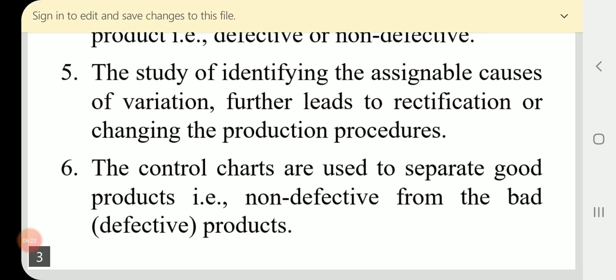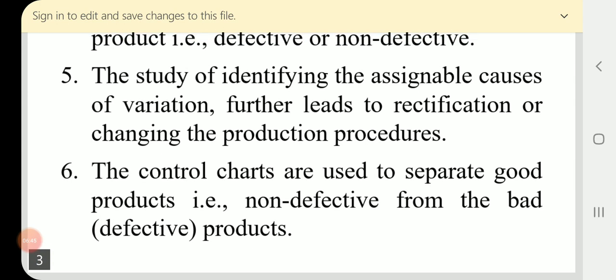Next, the study of identifying assignable causes of variation further leads to rectification or changing the production procedures. It is a very important study. After studying the assignable causes of variation, it leads to rectification or changing the production procedures. Rectification means how we can modify or rectify our mistakes so that we can improve our procedures.